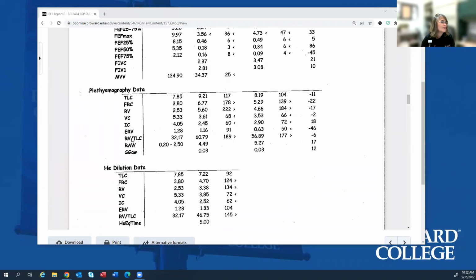Looking at residual volume compared to total lung capacity. We said 35% and less is normal. This person has almost 61%. 61%, that's a lot of trapped air. Oh my word.